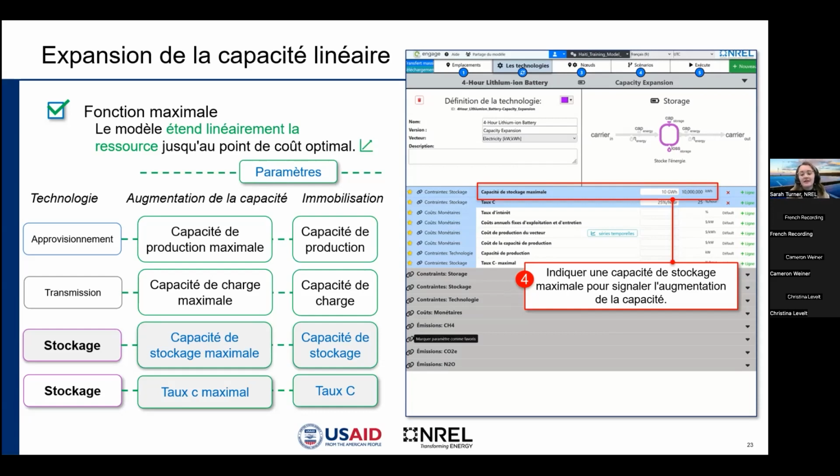To make any technology a capacity expansion technology, the first thing we would need to enable is the technology's parameter as a maximum function. What do we mean by this?